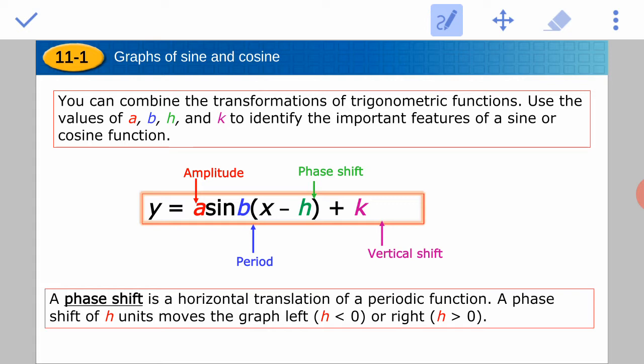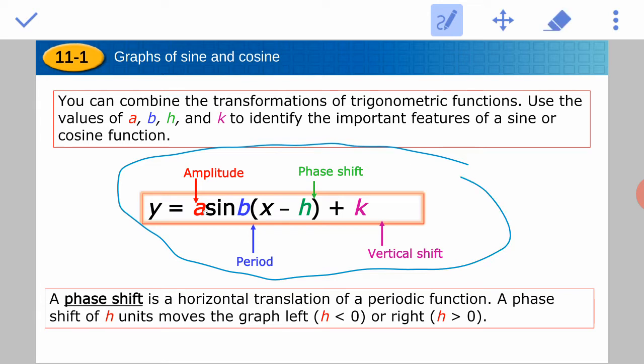We can combine all transformations of trigonometric functions in one formula. Guys, look at this formula. You're familiar with A and B, but I think this is the first time to see H and K, but you know from your previous study what H and K are. Let's revise A and B at the beginning. A is called the amplitude of the trigonometric function, and it has an effect on vertical stretch or vertical compression.